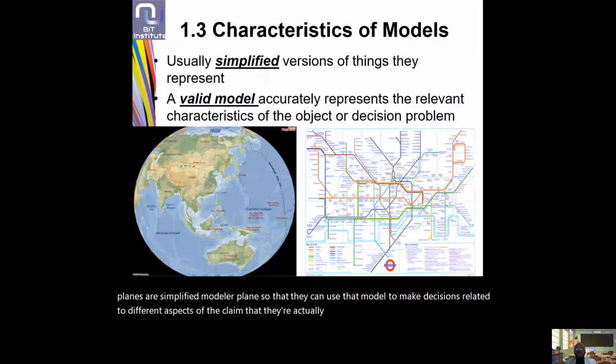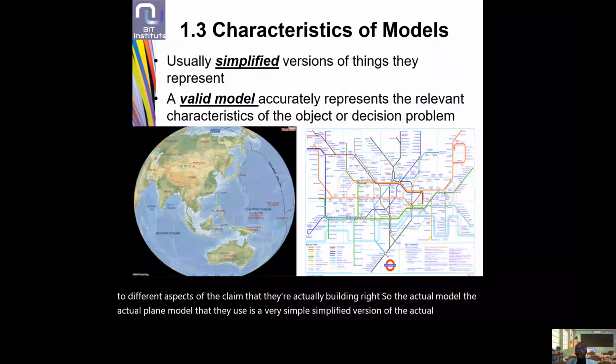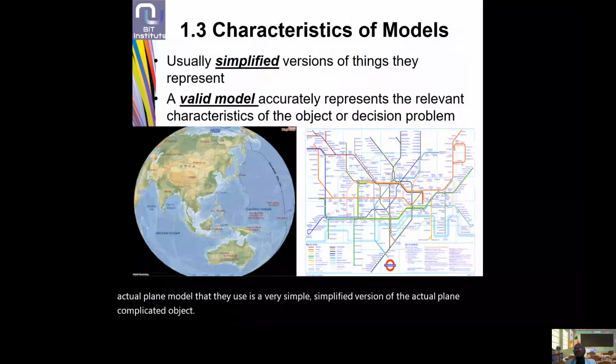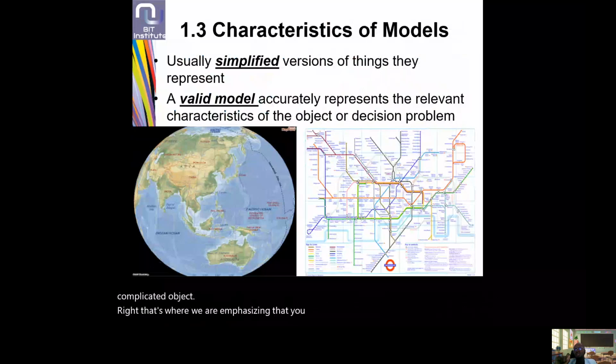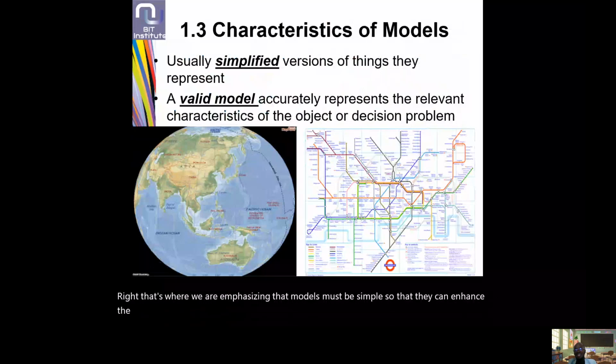So the actual plane model that they use is a very simplified version of the actual plane. The actual plane is a very complicated object, right? That's why we are emphasizing that models must be simple so that they can enhance decision making, or so that they can be relevant in decision making situations.